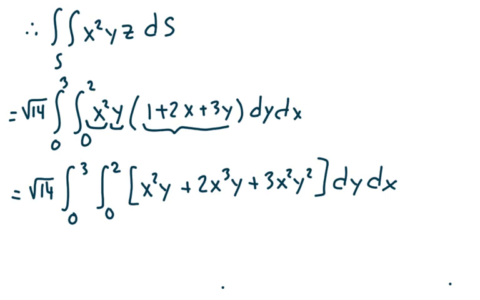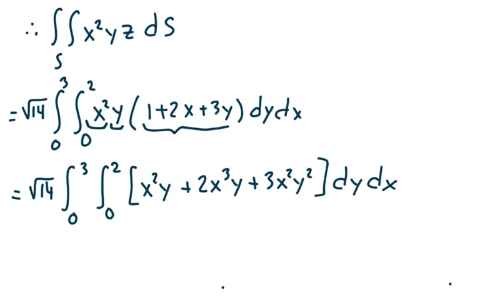And then I integrate with respect to y first, and then with respect to x. Now, a fair question is, could I have integrated with respect to x first and then with respect to y? And the answer is yes, you can. I claim it would not matter. And then remember, there's a square root of 14 floating on the outside, so dS got replaced with square root of 14 dy dx.